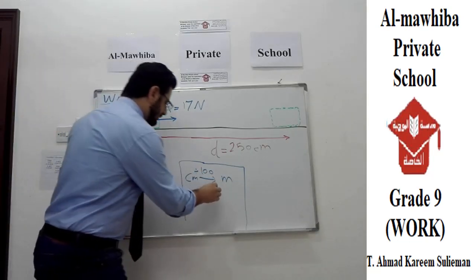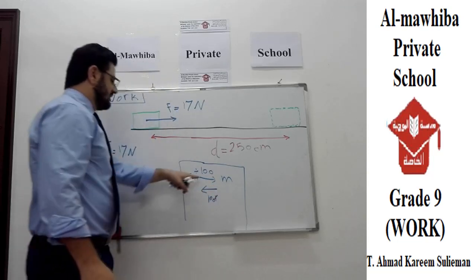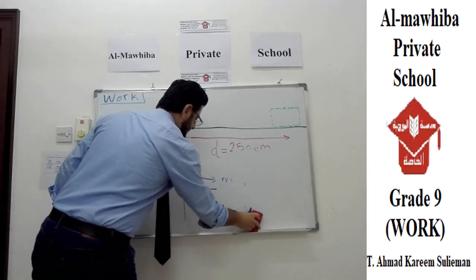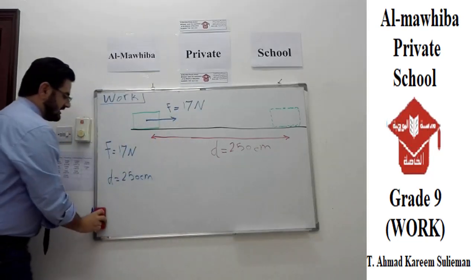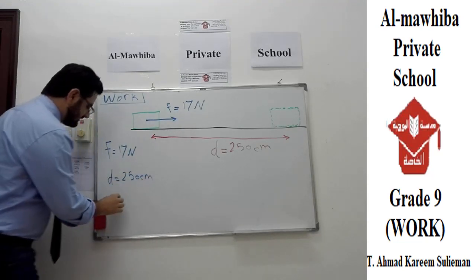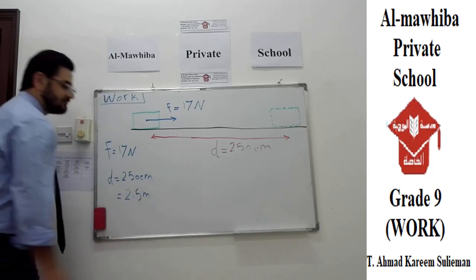And of course, if we want to come back from meter to centimeter, we have to multiply by 100. So we apply this change. 250 centimeter, when we divide it by 100, will be 2.5 meter.